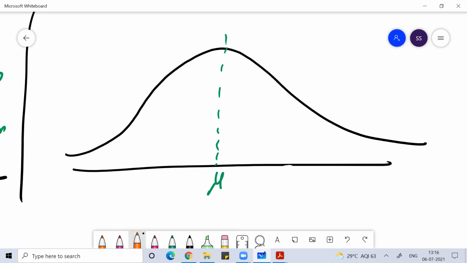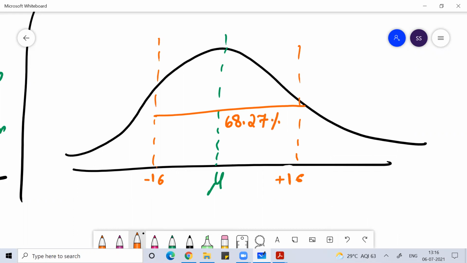So the general hypothesis is that around 68.27% of the data will lie within plus or minus one standard deviation.